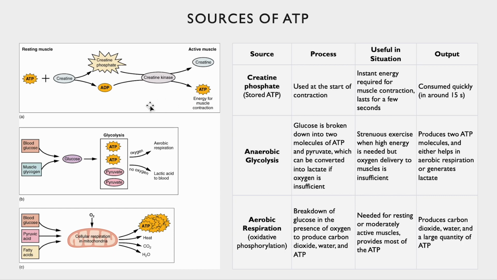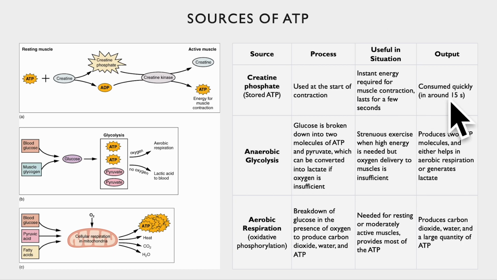It will bind the phosphate from creatine phosphate to ADP. That reaction is catalyzed by the enzyme creatine kinase. As a result, the creatine is released and a new ATP molecule is going to be ready for muscle contraction.